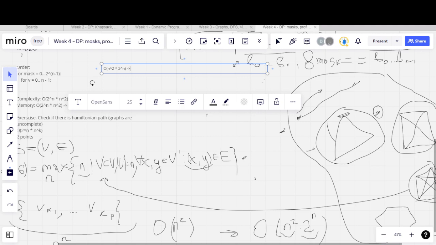Then we improve our solution to O(n) times 2 to the power of n, and then we improve the solution further, and gradually we will improve our solution.